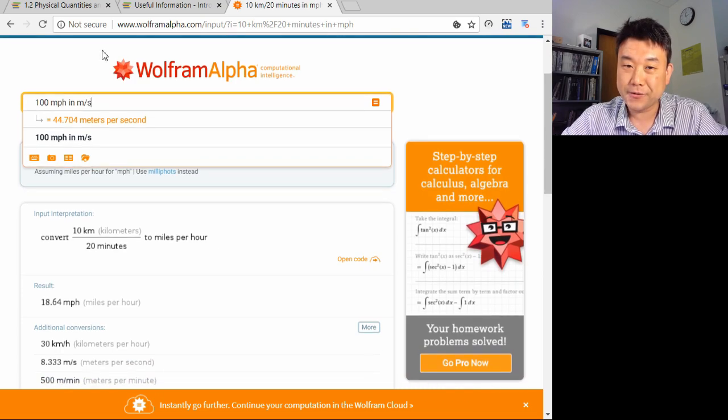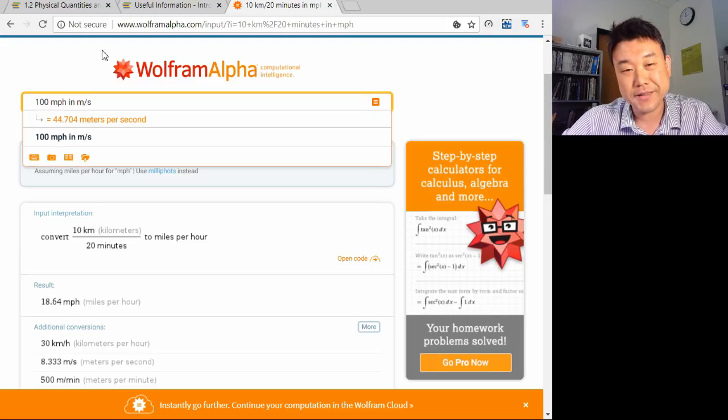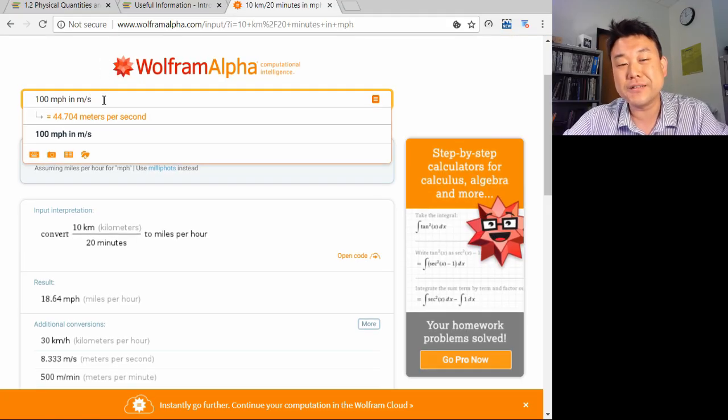I do want you to know how to convert some units. This is like long division. People teach you long division in elementary school, middle school, high school, even though you will most often use a calculator, because there's value in knowing how it's done if you didn't have these advanced tools.